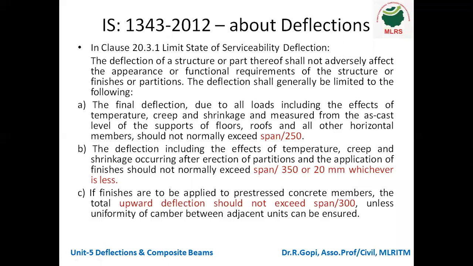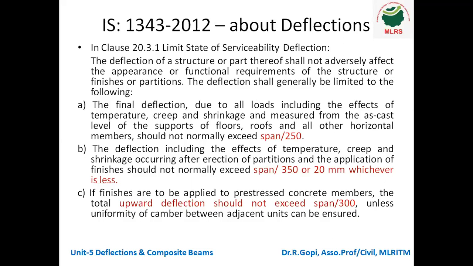If finishes are to be applied to precast concrete members, the total upward deflection should not exceed span by 300. Upward deflection is nothing but short-term deflection, because upward deflection mainly occurs due to the prestressing force. That short-term deflection should not exceed span by 300 unless uniformity of camber between adjacent units can be ensured.